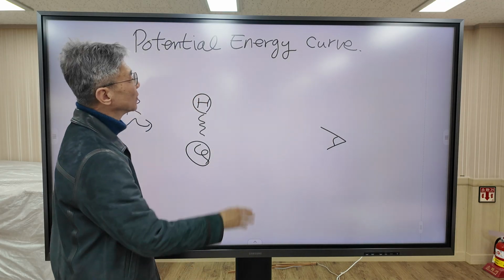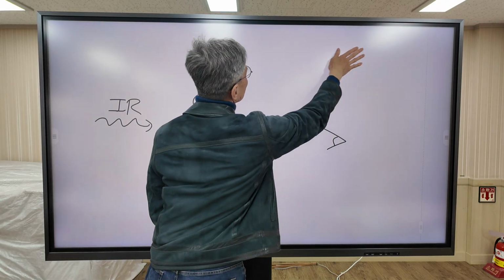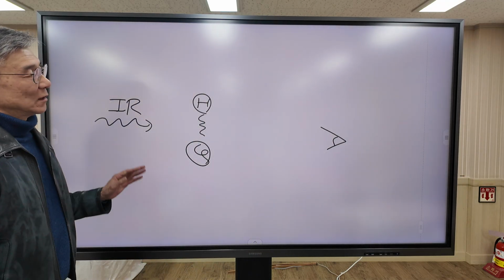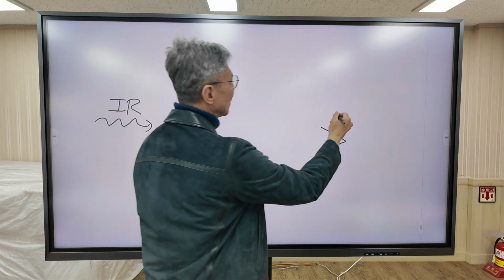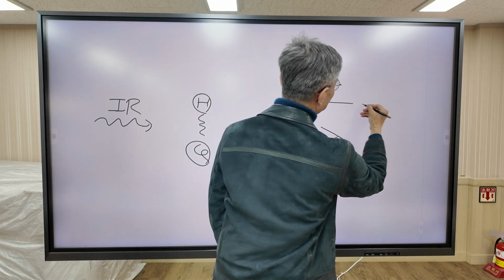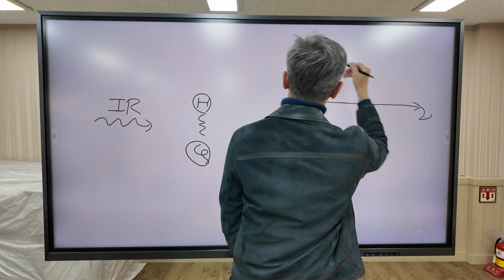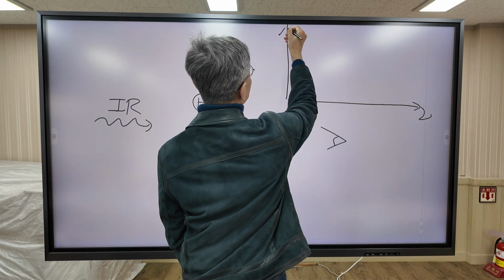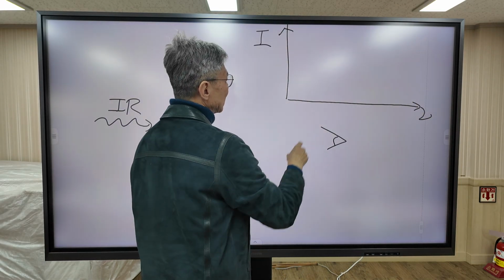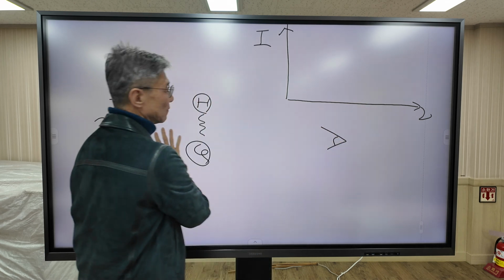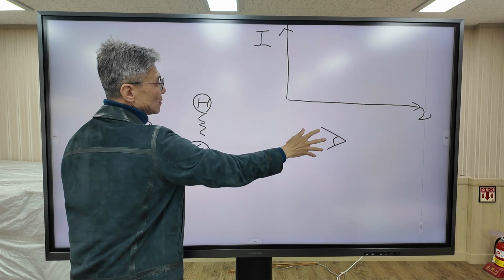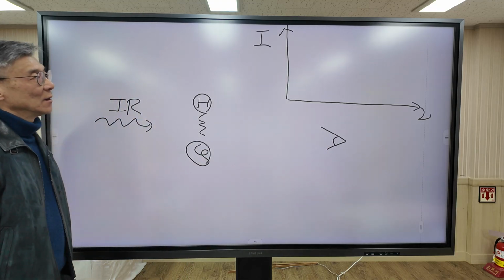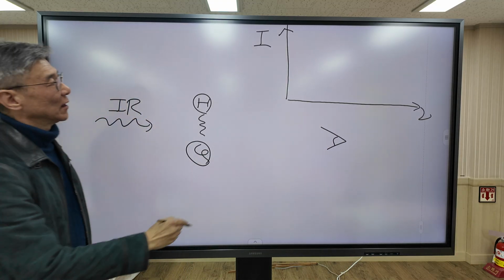In other words, I'm going to take the measurement and put that data on the graph. Here, the x-axis represents the frequency of light, and the y-axis represents the intensity of light measured by the detector. The results look like this.